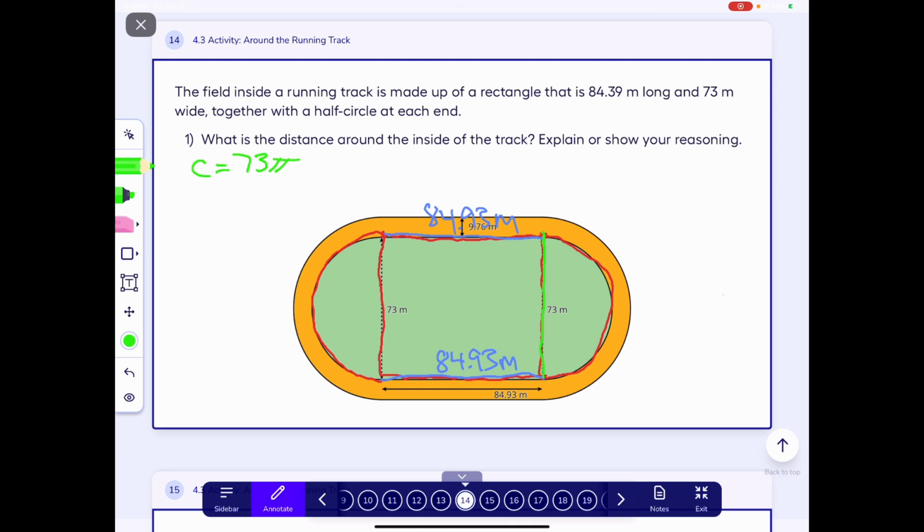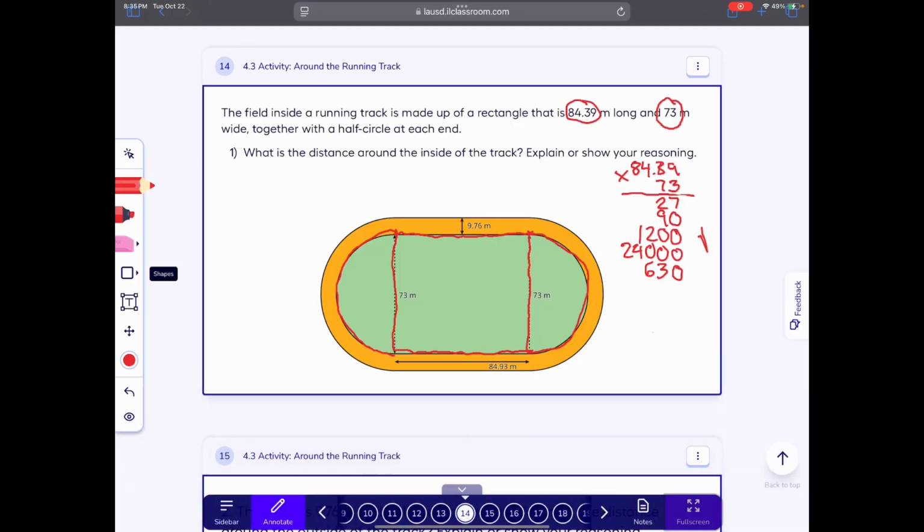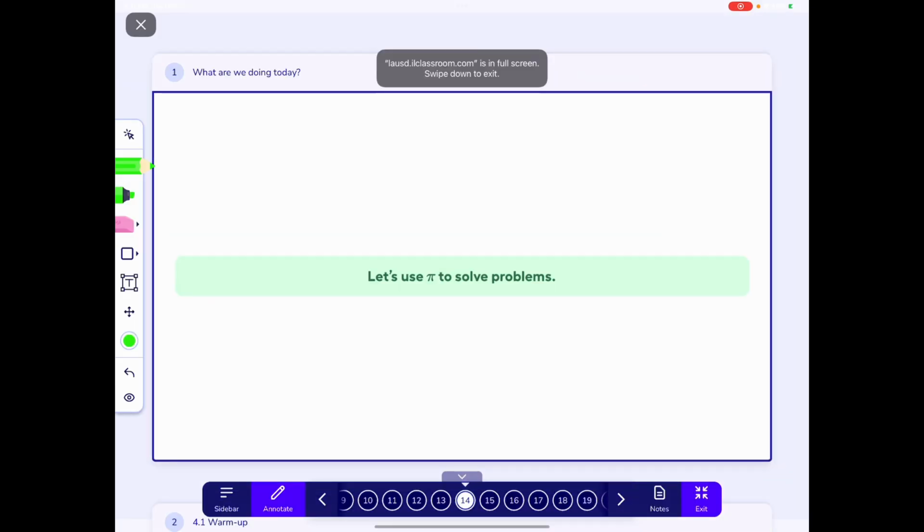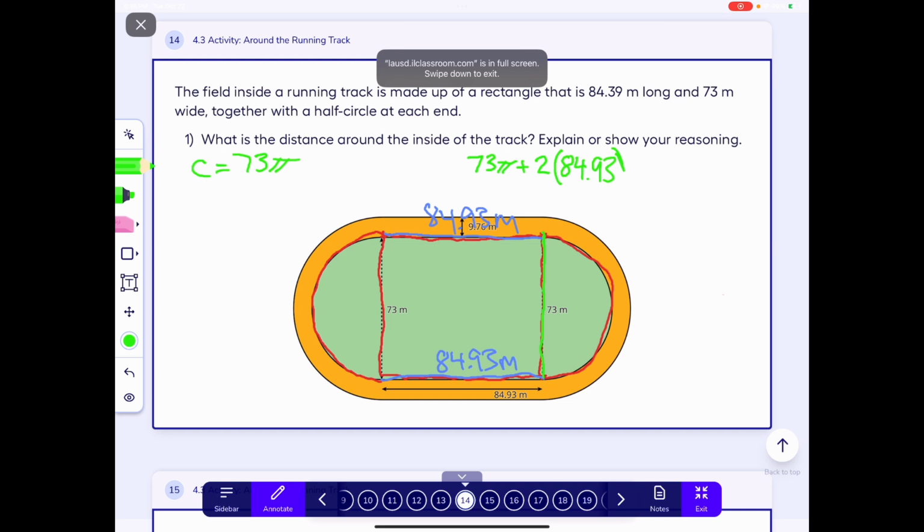So the distance on the inside of the track is 73 pi plus 2 times 84.93, and then all that in meters.